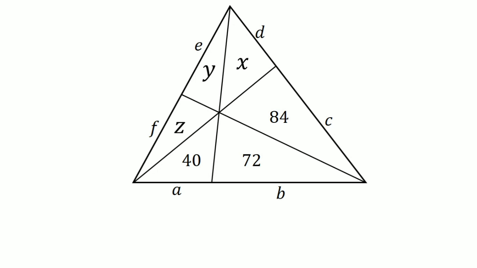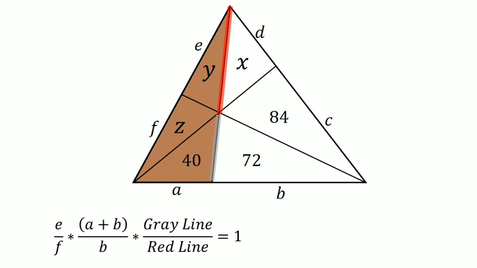Now let's call this side the gray line and this side the red line, and using Menelaus' theorem in this triangle, we can say E divided by F times A plus B divided by B times gray line divided by red line is equal to 1. Now using the same pedagogy we can convert the ratio of sides into the ratio of areas.